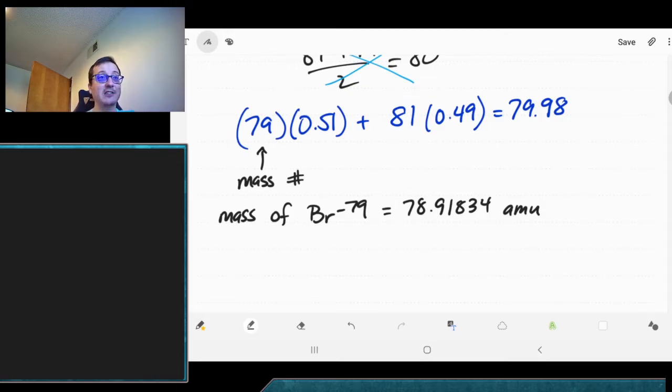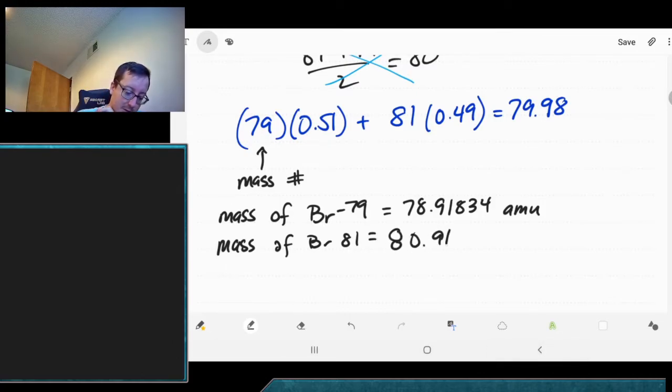So we see it's actually just a little bit less than 79. That's why our number is slightly less than 79. And we're going to see that the actual mass of bromine 81 is also slightly less, 80.91629 AMU.